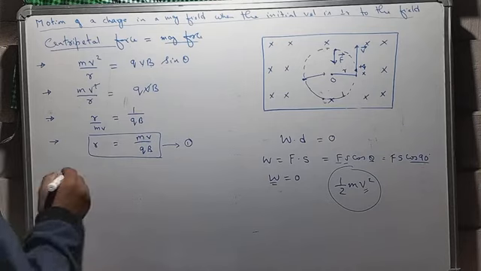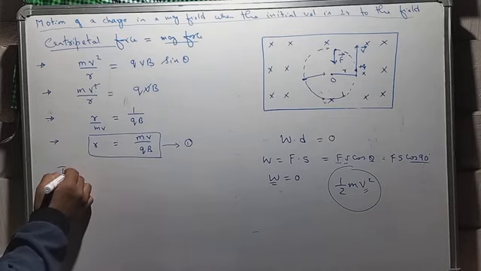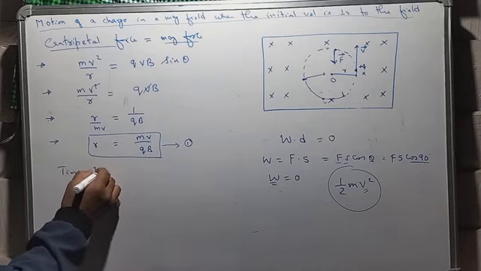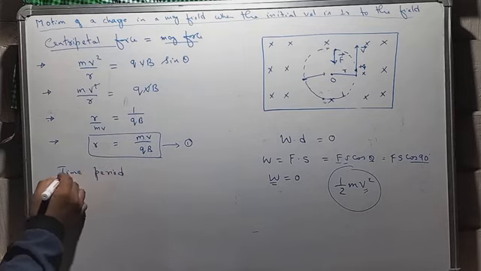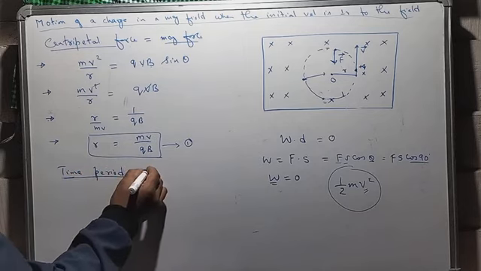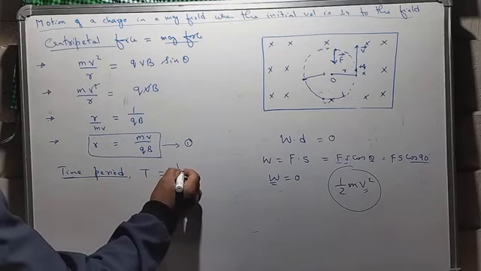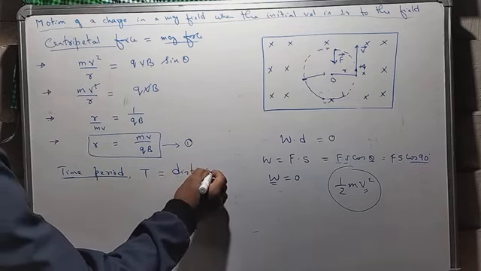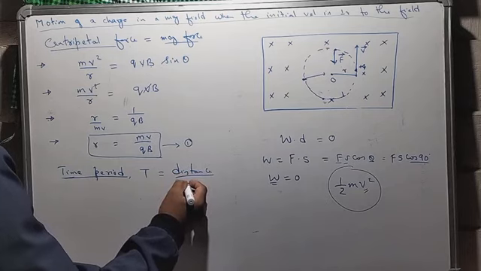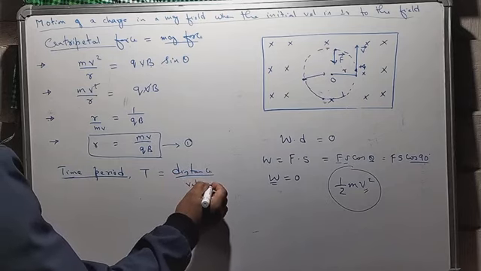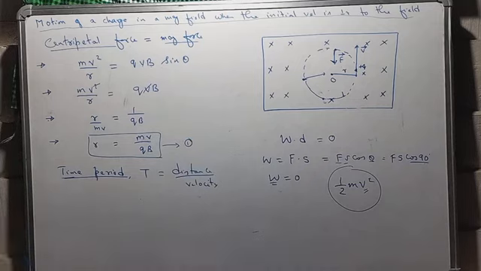Okay, after this, let us look at the time period of revolution. We know time period T. Time can be written as distance upon velocity. Yes or no? Because we know time is equal to distance upon velocity.